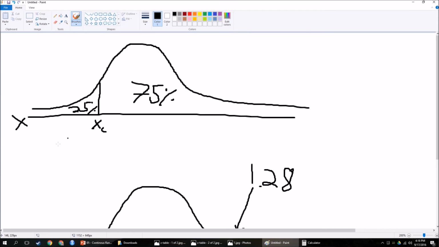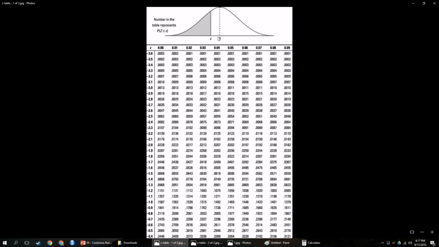Right? And again, when you're reading a z-table or any cumulative probability distribution, it's always less than some critical value. So I need to look for a z value which gives me 0.25, 25%. Okay? So that's going to be in the negative tables because 25 is less than 50%. Start looking for my 25.